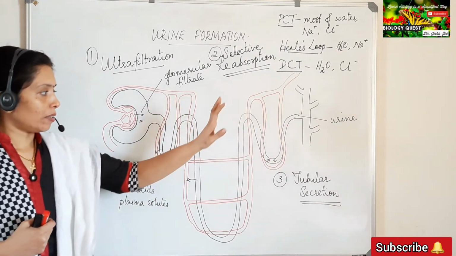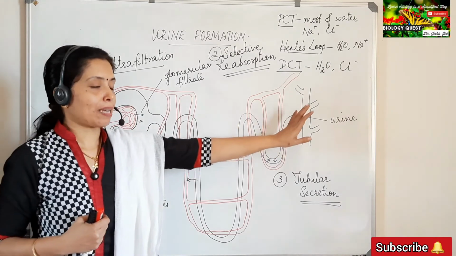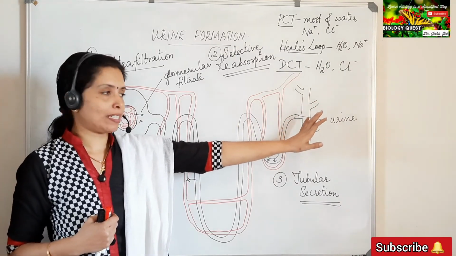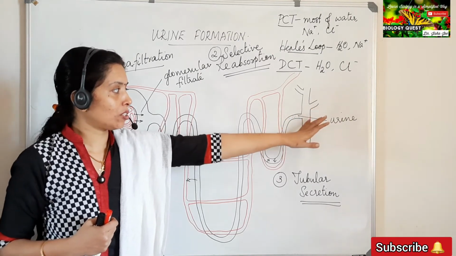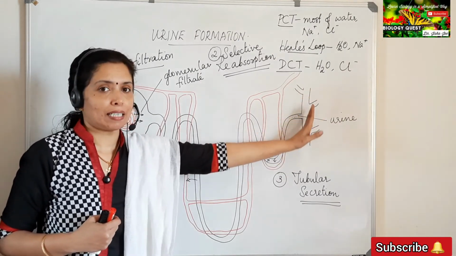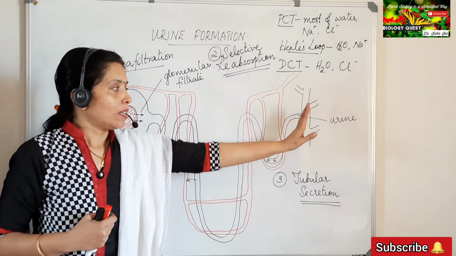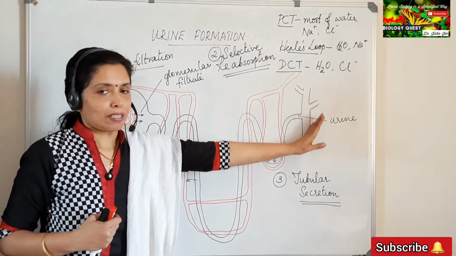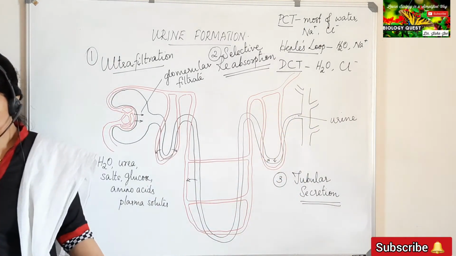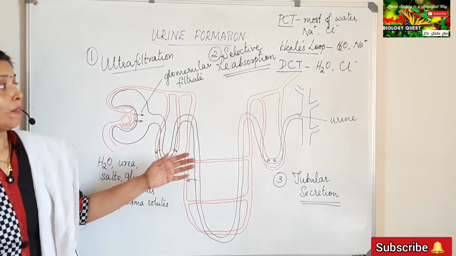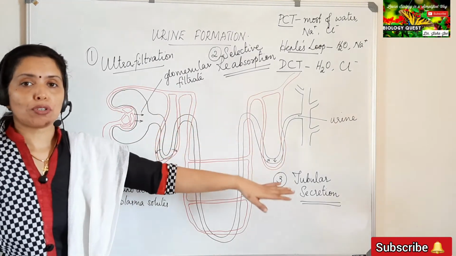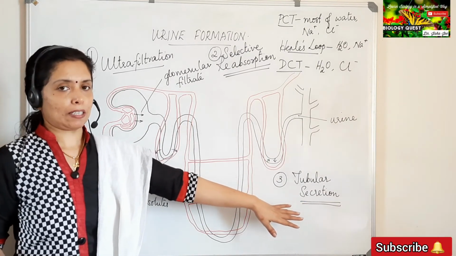By the time the filtrate reaches the end of the distal convoluted tubule, the next region is the collecting duct. Okay, now the filtrate passes into the collecting duct. So what is urine actually? Urine is the filtrate left after selective reabsorption and tubular secretion.